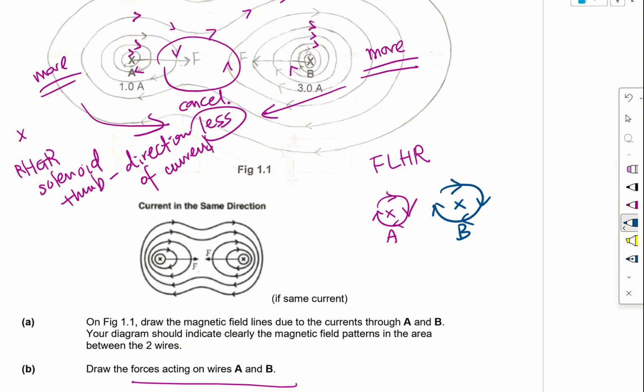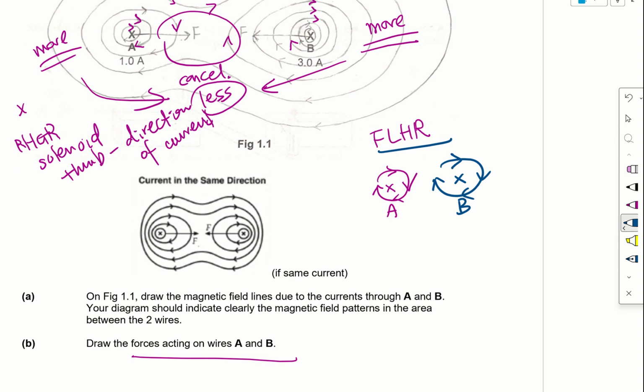If we want to apply Fleming's left-hand rule, the thumb represents the force, the first finger represents the external magnetic field, and your middle finger represents your current. To find the force acting on B, we take our middle finger and point it into the screen, because that is the direction of the current. It is into the page.